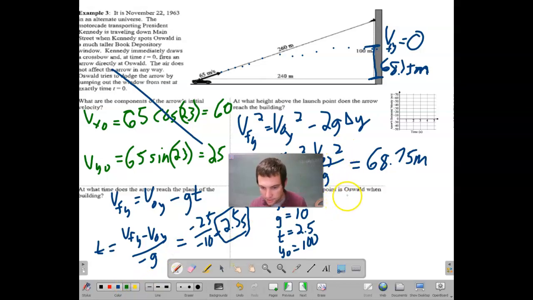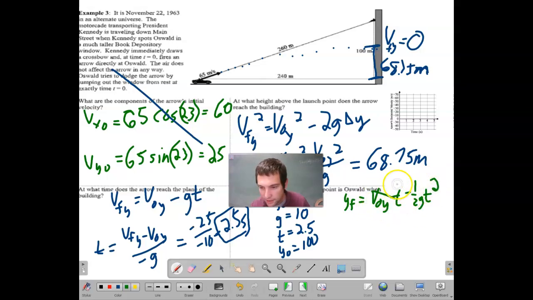All right, so let's see. I've got initial velocity, g, t, and y. We're looking for the final height, so we'll use the displacement formula: v naught y times t minus 1/2 g t squared.